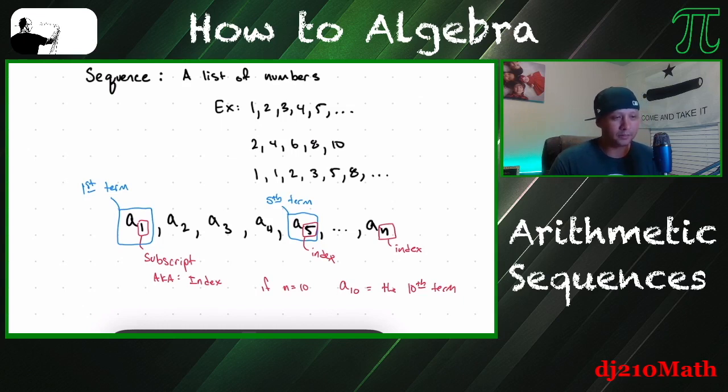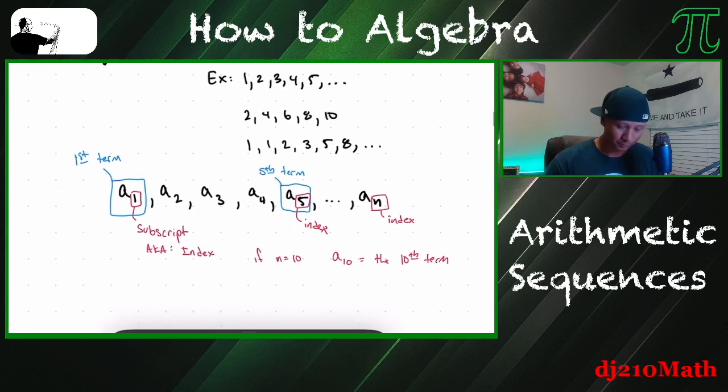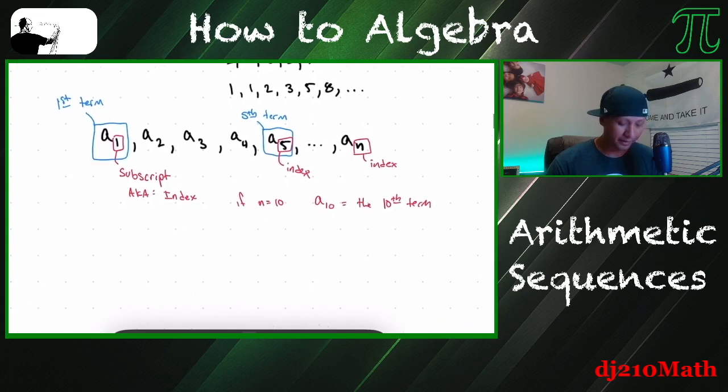So that's basically what it comes down to, right? A sub 1, A sub 2, all the way to A sub n, however many numbers there are in a sequence. Okay, so with that being said, if a sub n is some number in a sequence, then the very next term or the very next number in the sequence would be n plus 1.